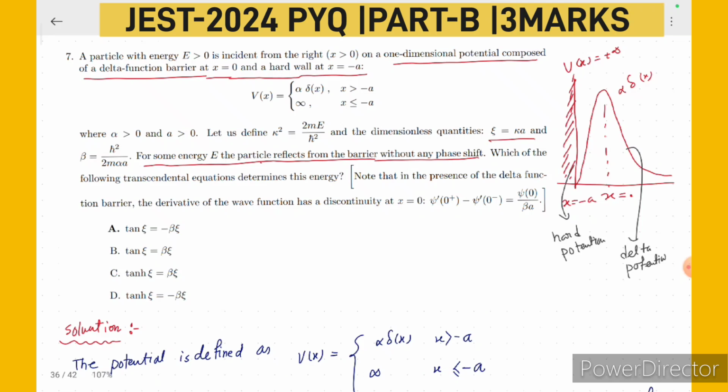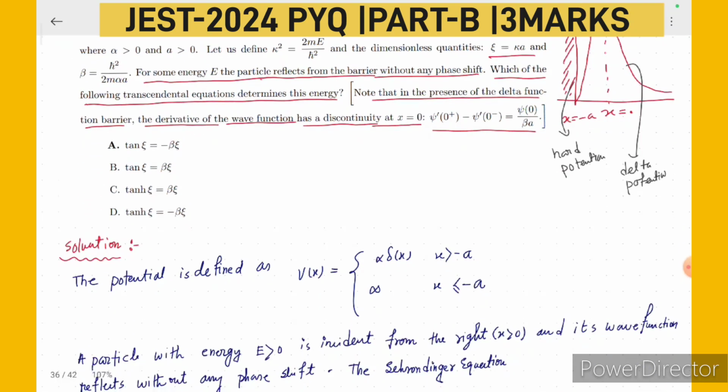Which of the following transcendental equations determines this energy E? Note that in the presence of this delta function barrier, the derivative of the wave function has a discontinuity at x equals 0. The value is already given, so we use it point by point.